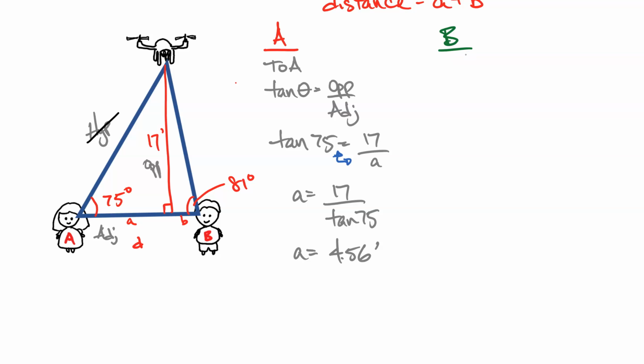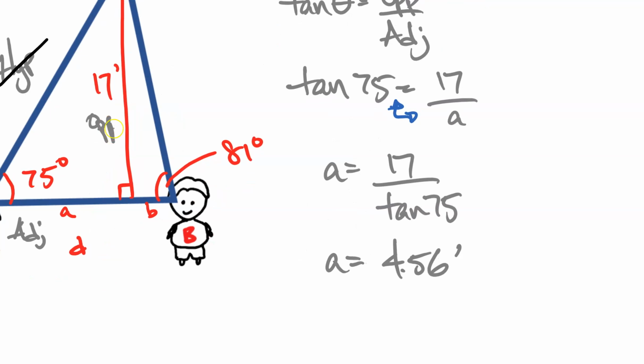Person B, if we work on their triangle right there, I've got some details again. Person B has a hypotenuse, an adjacent right here, and an opposite right here. We're going to use adjacent and opposite, because the hypotenuse isn't giving us anything to gain.